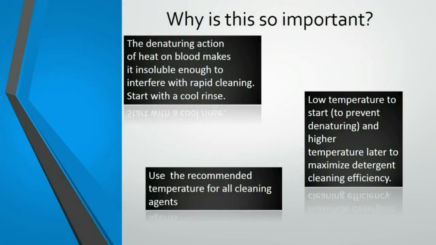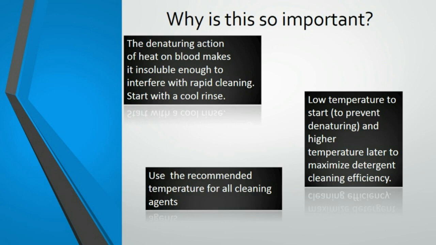And why is it so important, really? The denaturing action of heat on blood makes it insoluble, and it interferes with cleaning. So especially with blood, if it is too hot at the beginning, then we can cook blood on.